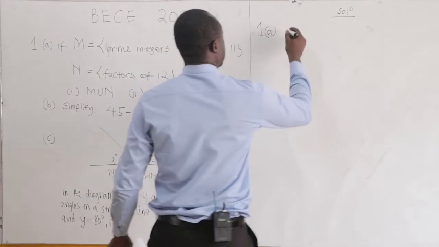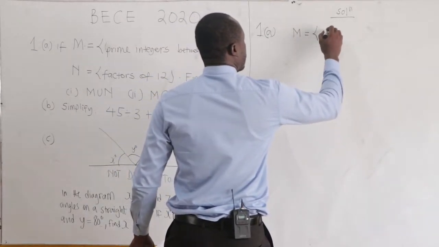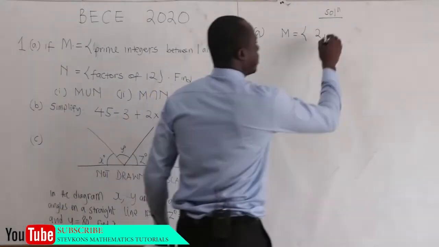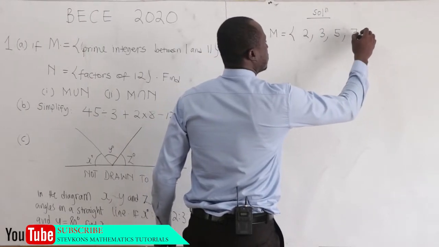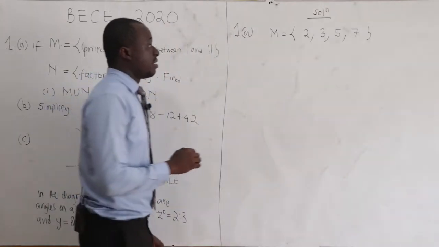So for our first one, we have to list M. We are being told between 1 and 11, so 2 is a prime number, 3, 5, 7, and that is all. 9 is not a prime number.